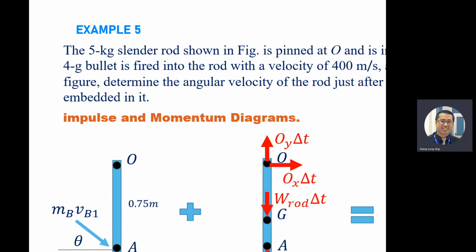A also, the bullet weight will go down. So why is the bullet at point A here? Because it says the bullet becomes embedded in it. The question already tells you what happens after: the bullet joined together with the rod.